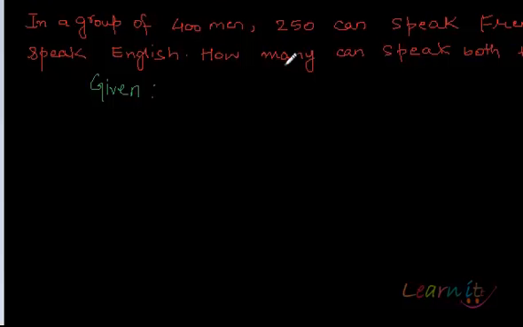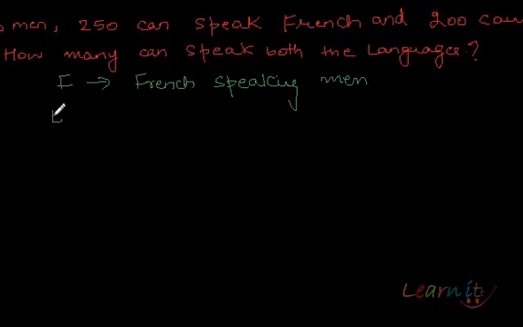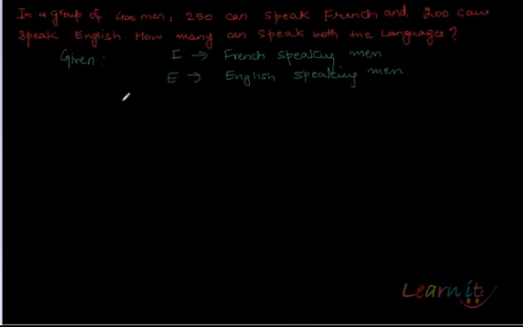Essentially, say F represents French speaking men and E is English speaking men.